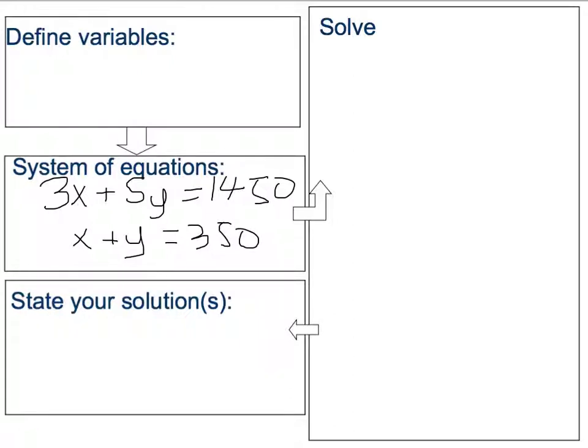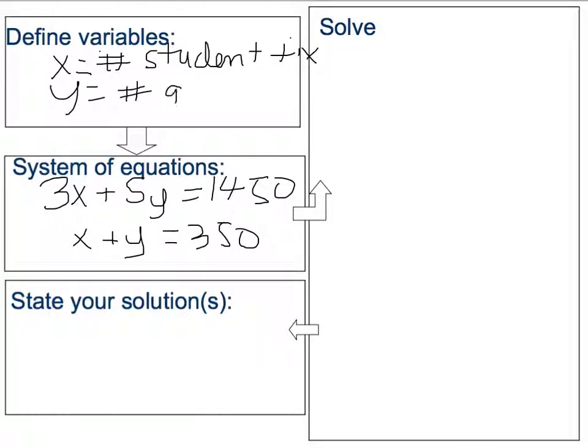Now I can define my variables. So the x here is going to stand for the number of student tickets, and y is going to be the number of general admission tickets.